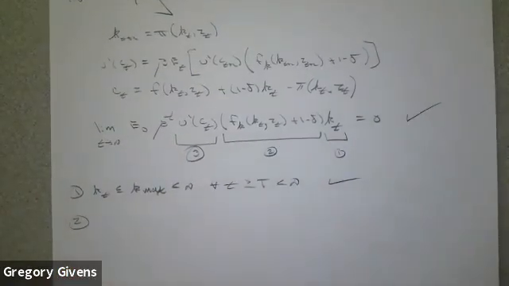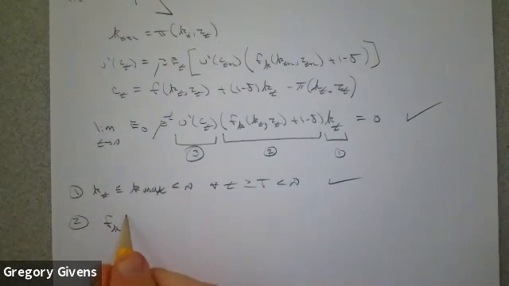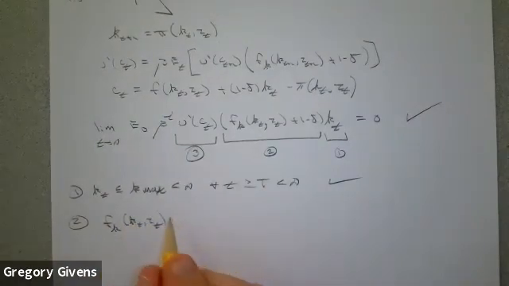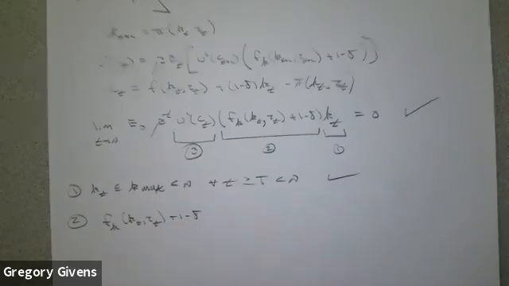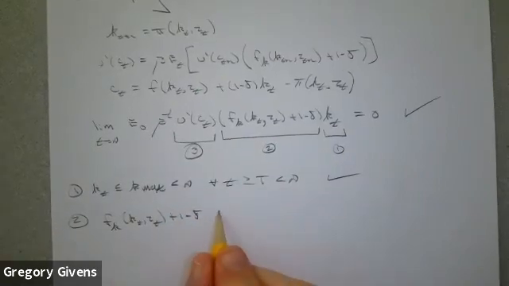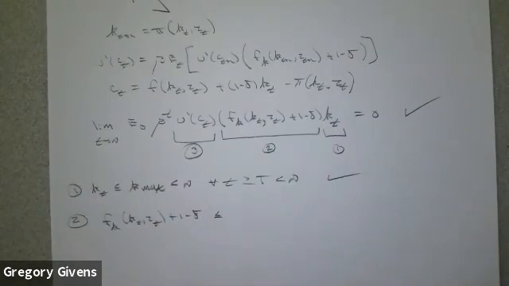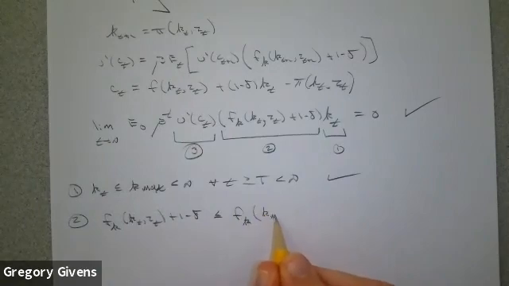What about 2? Well, f_k evaluated at k_t, z_t, plus 1 minus delta, is going to be less than or equal to f_k of k min, z_t, plus 1 minus delta.